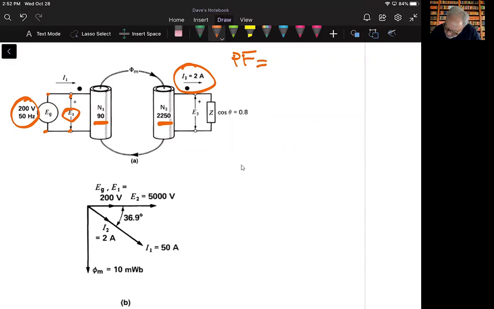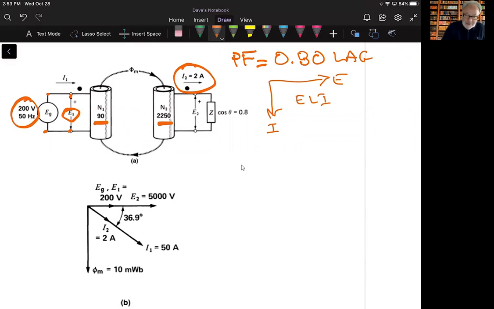The power factor for this load is 80% lagging. When you say lag, we're describing the current. So the current is lagging the voltage, which tells us that this is inductive. So we've set the stage here, and let's dig into it.